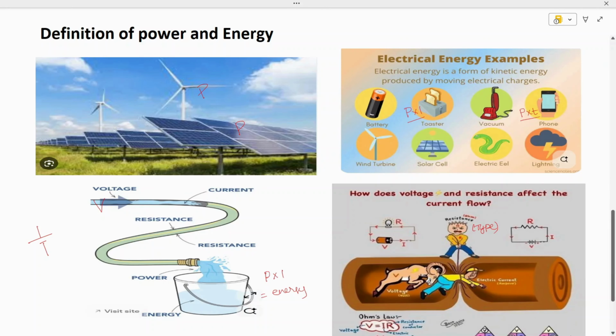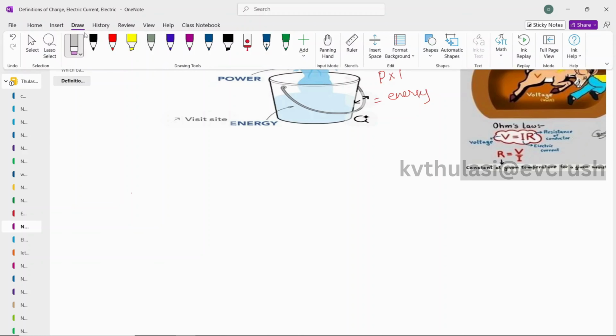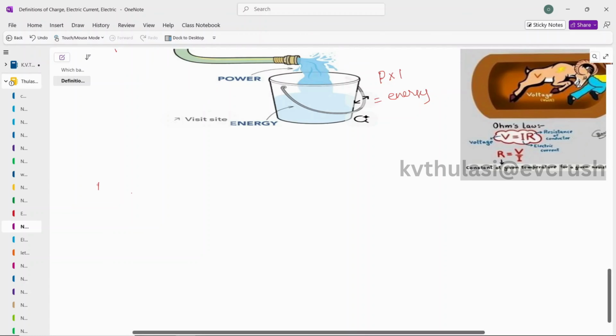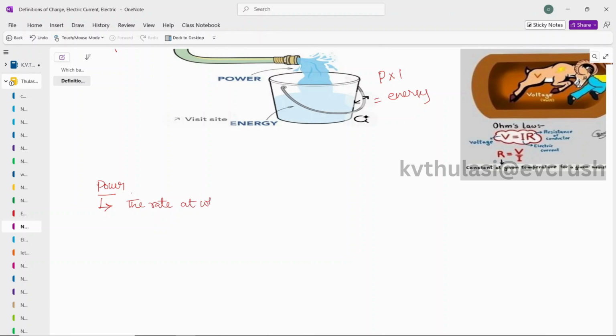Let's try to see the definition of power. The formula for power is also called the rate at which work is done in an electric circuit.